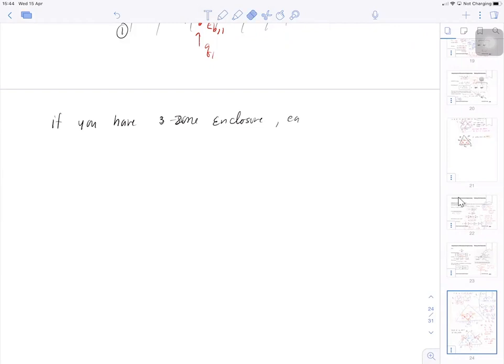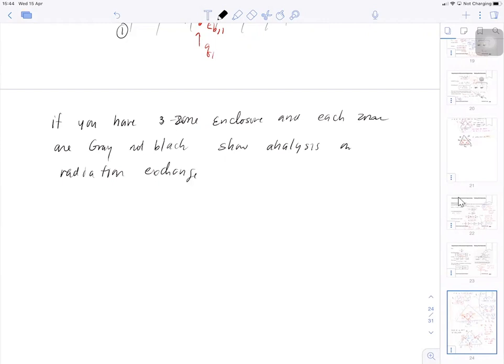and each zone is gray, not black. Show analysis on radiation exchange on each zone.